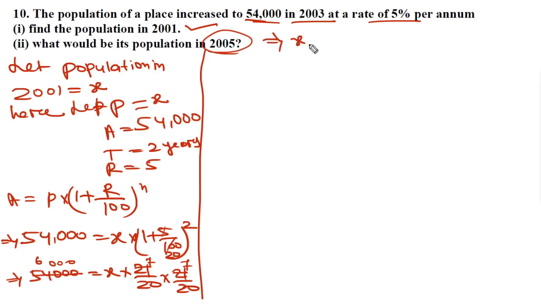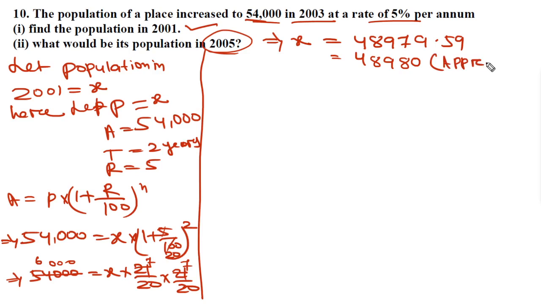So you can write x will be equal to 48,979.59, but the population cannot be in decimal, so which will be equal to 48,980 approximately. So this is the population in 2001. We had assumed that the population in 2001 is x, so x is equal to this.